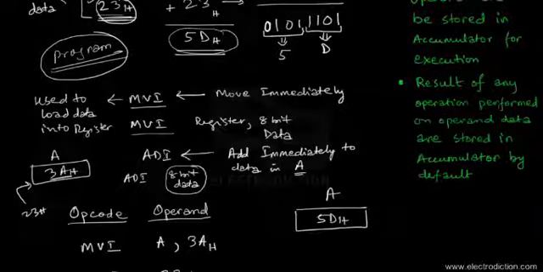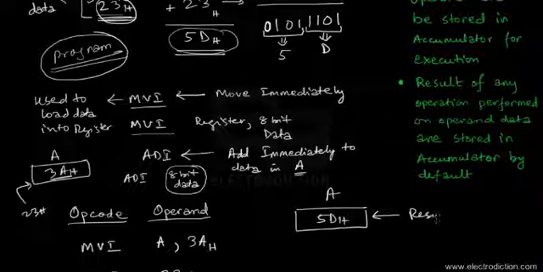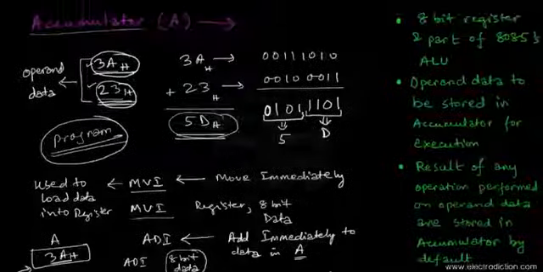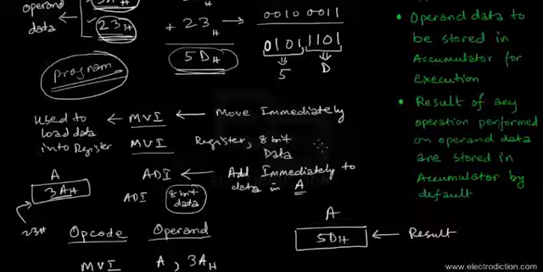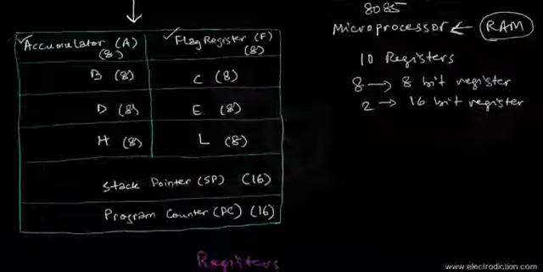This is exactly what the third point says, that the result of any operation performed on operand data is stored in the accumulator by default. And in this addition process, we see that there is no carry bit being generated, which can happen in an 8-bit addition process. Now what I'm gonna move on to is basically the flag register.